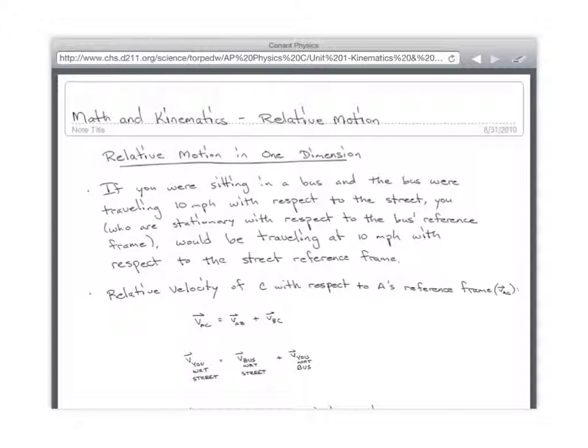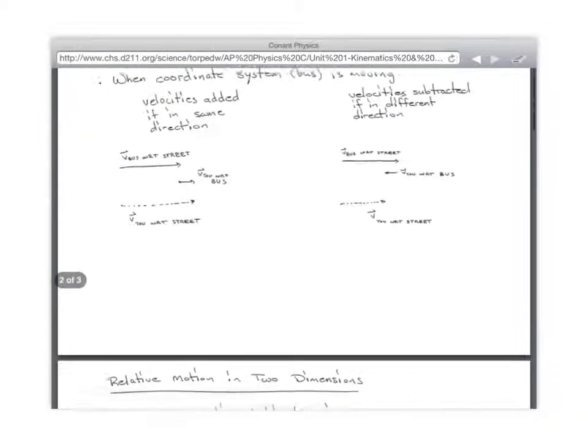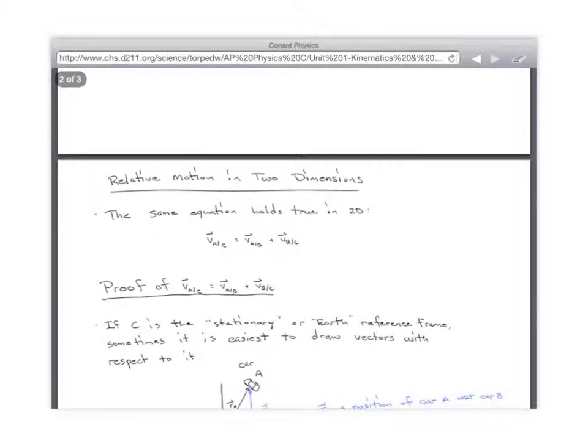Ball with respect to the bus plus bus with respect to the train plus train with respect to the ground to get ball with respect to the ground. Got it? So the key is it's just adding vectors, which is great and easy in one dimension. In two dimensions, it gets a little bit more goofy.